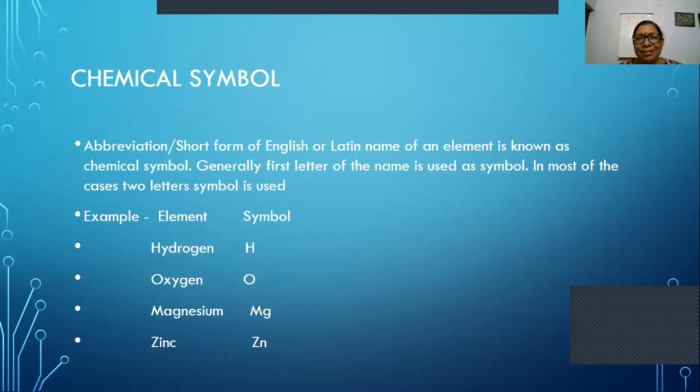Generally, first letter of the name is used as symbol, but in most of the cases, two-letter symbol is used.